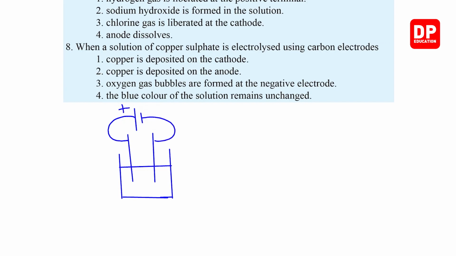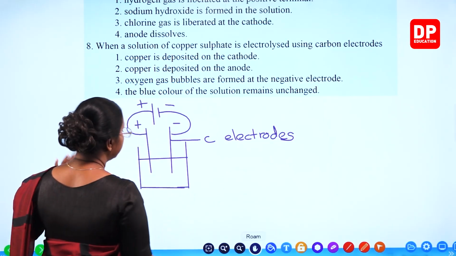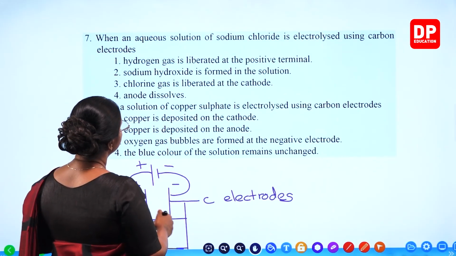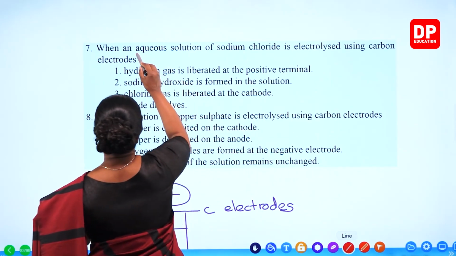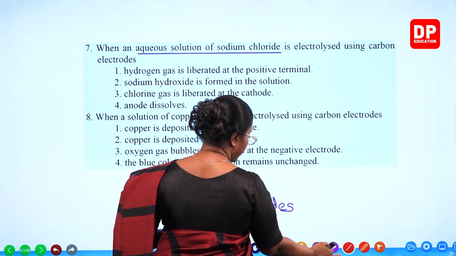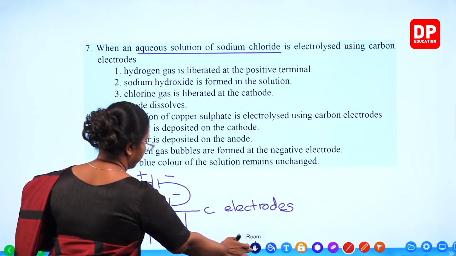This is positive, this is negative, and these are carbon electrodes. And there it is an aqueous solution of sodium chloride.